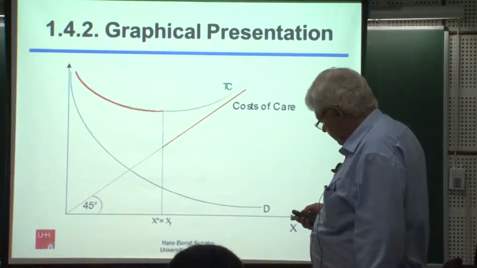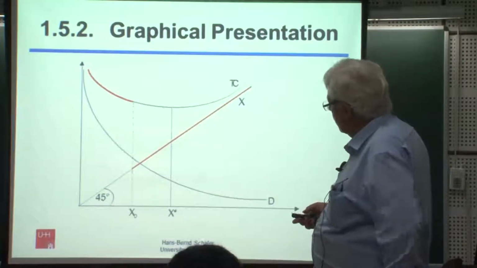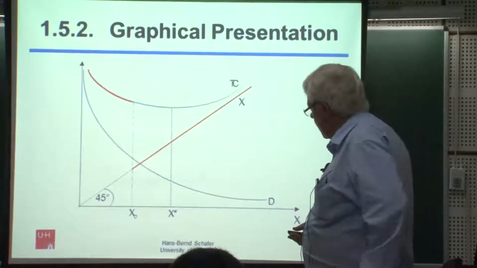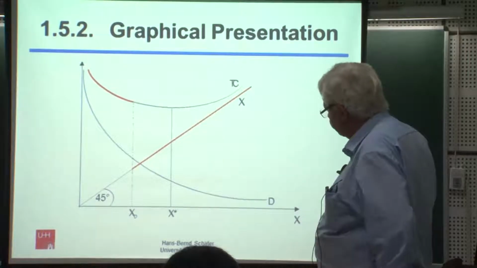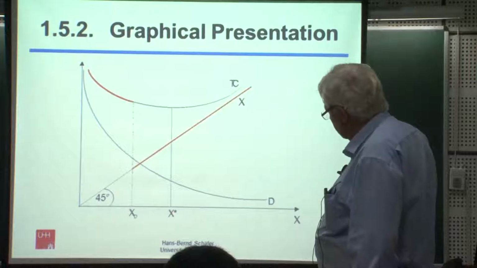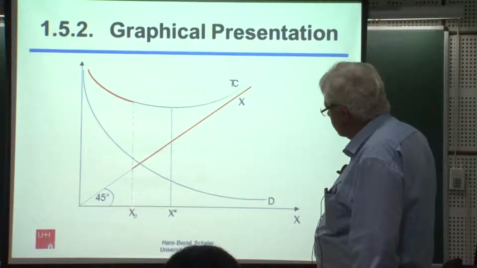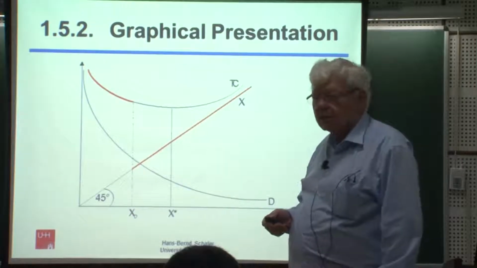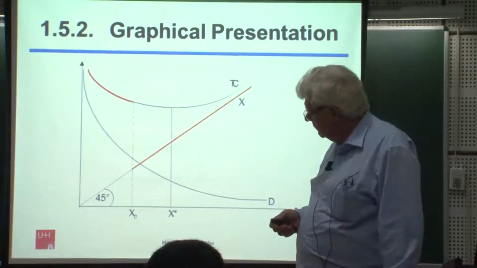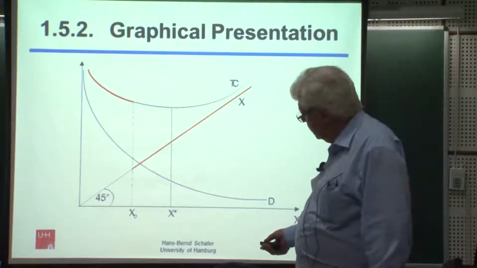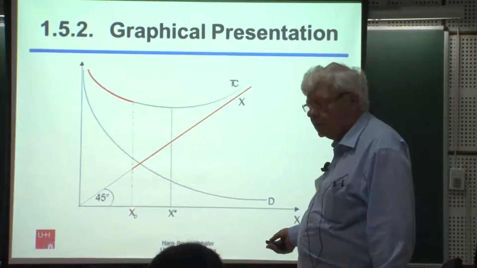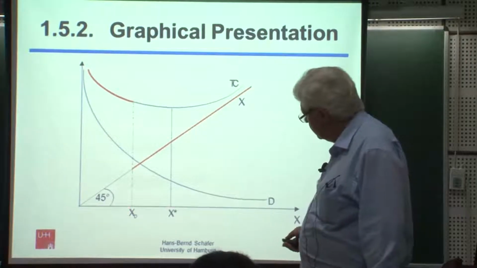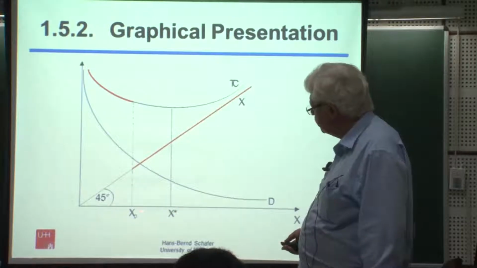Now we change our assumption a little bit. This is again the same graph as before, and this time, however, the due level of care is lower than the efficient level of care. What happens then? Then the tortfeasor knows that if he is in this range, he is negligent, but if he is in this range, he is not negligent.